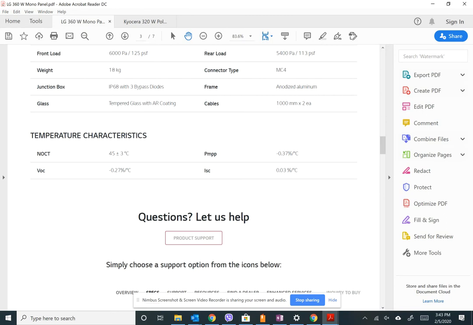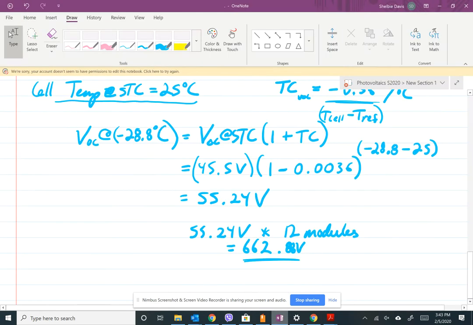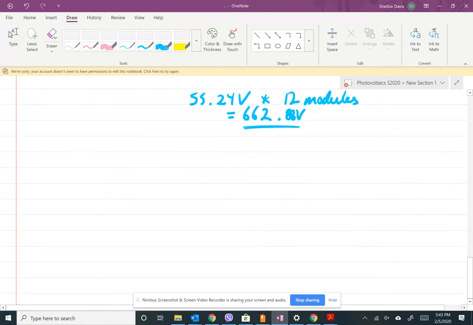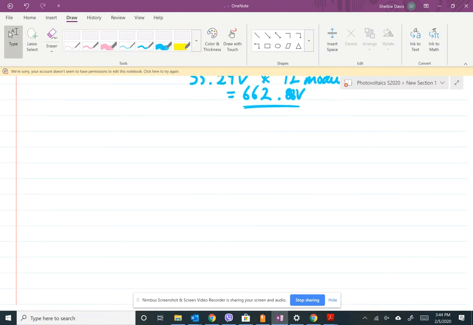You guys do it, and then we'll go through it. You're doing the LG one, the one with the worst spec.